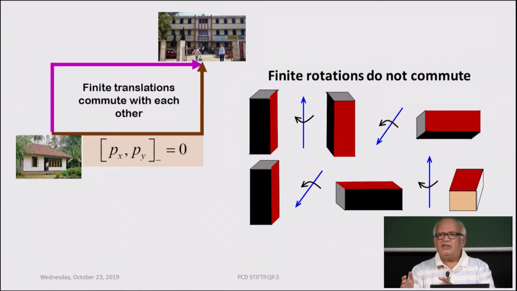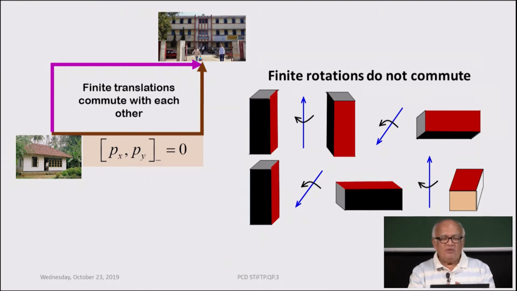So, when you talk about translational displacements, we know that the translational displacements commute. It doesn't matter whether you first go east and then north, or first go north and then east and reach your school. Okay? That's actually the picture of the school I went to.